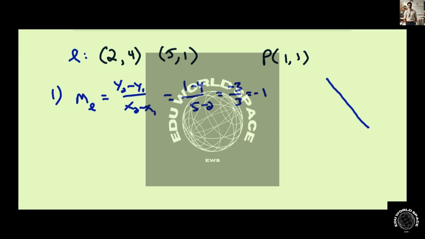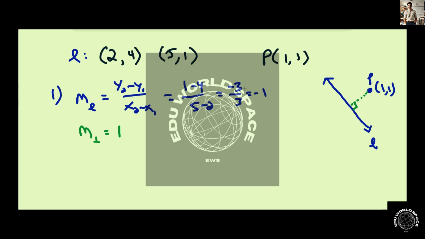Let me just give you an image here. And then we have some point P at 1, 1. The distance between the point and the line is going to be along the perpendicular. So the perpendicular slope that we really are going to care about is positive 1.